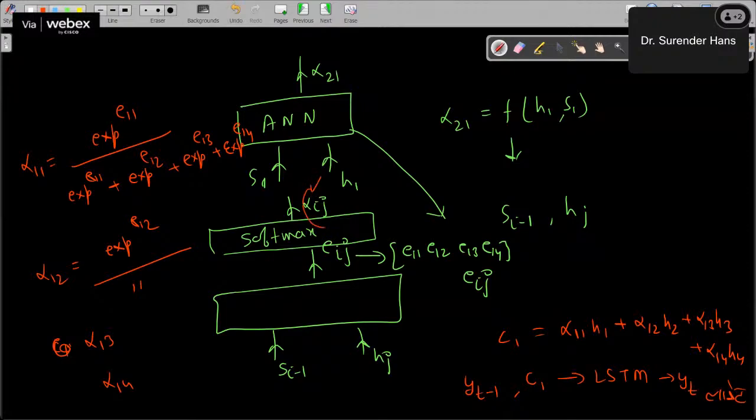And from this alpha ij, I can easily calculate this ci, which is the extra, or third, input at every time step of the decoder. Clear? So that is all about the attention mechanism.